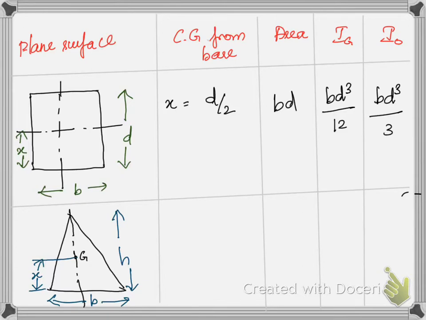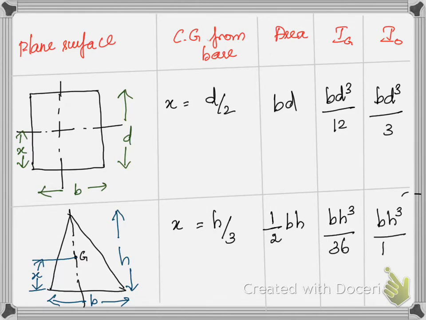We have to remember all these formulas. If you take a triangular section, the center of gravity from the base will be h by 3, the area will be half into b h, Ig is b h cube by 36, and the moment of inertia about the base is b h cube by 12.